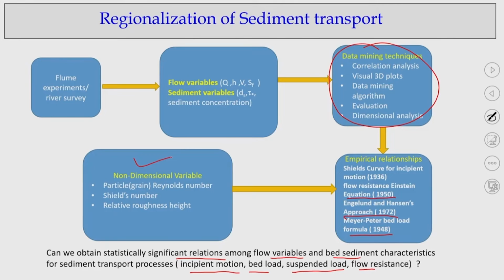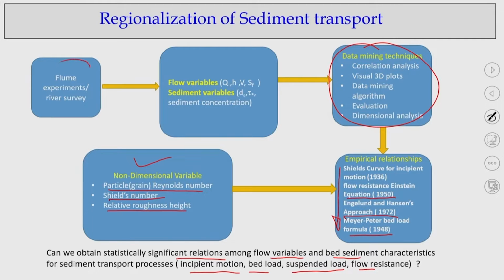Non-dimensional variables were also introduced for this process, like the particle Reynolds number, Shields number, and relative roughness height. So many non-dimensional parameters were introduced by establishing these relationships for bed load estimations, suspended load estimations or total load estimations.